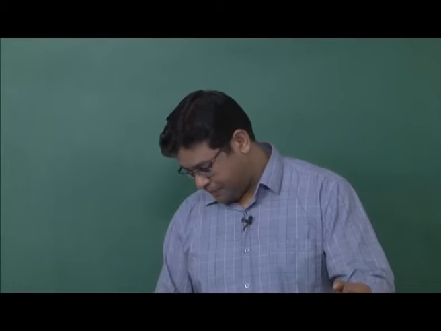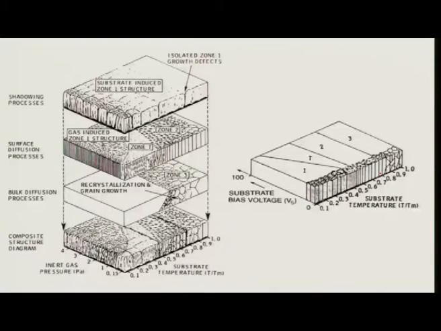Now, let us have a look at this complicated diagram which describes the zone structure model. If you see in the bottom most part of this figure, there are two axes. One is substrate temperature and another is the inert gas pressure, that is, the pressure during your thin film deposition process.